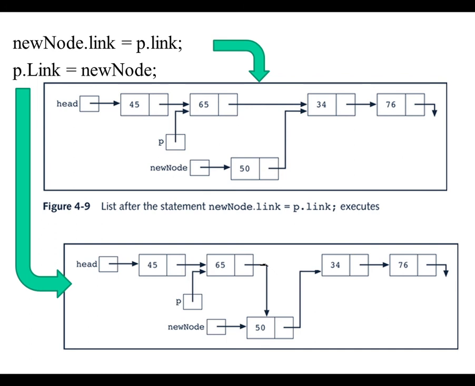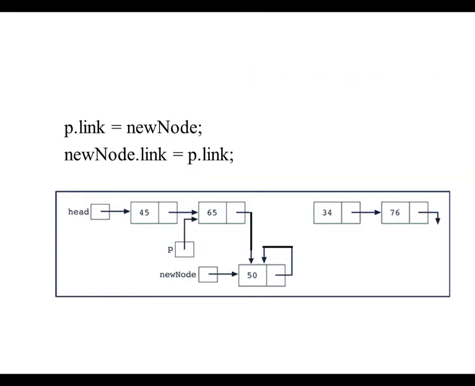For example, suppose that we execute the statements in the following order: p.link equals newNode, newNode.link equals p.link. The figure shows the resulting list after the statements execute. It is clear that newNode points back to itself and the remainder of the list is lost.